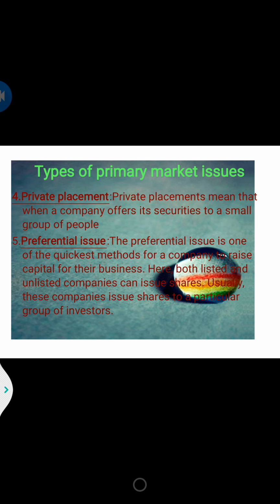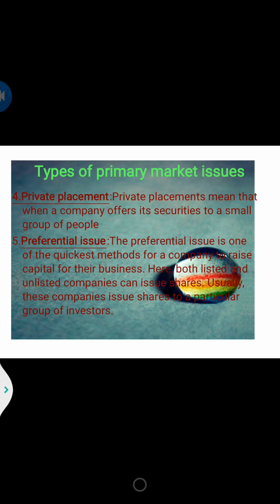The next is your private placement. Private placement means that the company offers its securities to a small group of people. These securities may be bonds, stocks, or other securities.